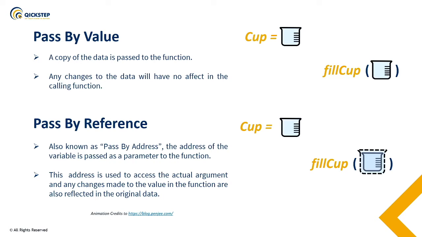Now when the function executes, in case of pass by value, you can see that the argument passed to the fill cup function fills the cup. However, the original cup still remains empty. So any change made in the data in the function does not have any effect in the original data. However, in case of pass by reference, when my cup inside the function fills, the original cup also fills because both of them are the same reference. So this is the basic difference between pass by value and pass by reference.